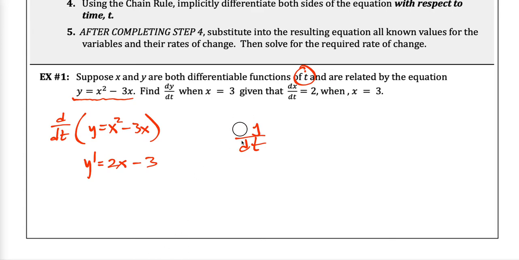I'm okay with you guys using y prime. Part of the reason I don't write y prime is because, to me, you don't know if that stands for dy/dx or dy/dt. I mean, they both mean the derivative of y, but I partially use the notation on the bottom just so it's clearer. I'm not going to mark it wrong if you guys use prime.